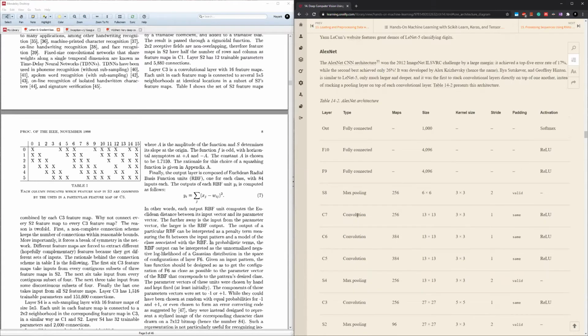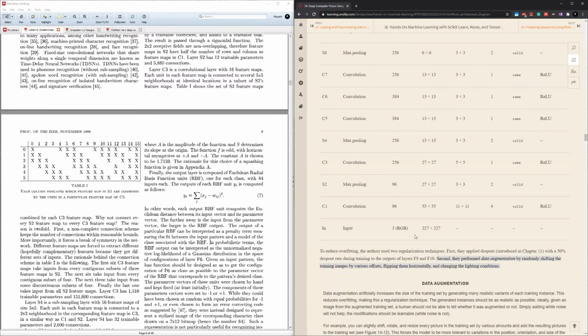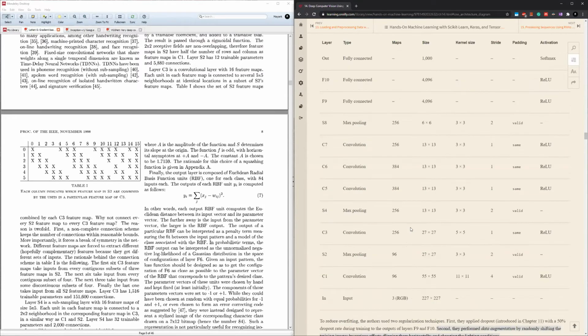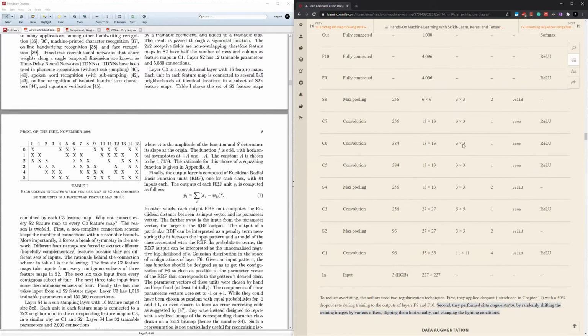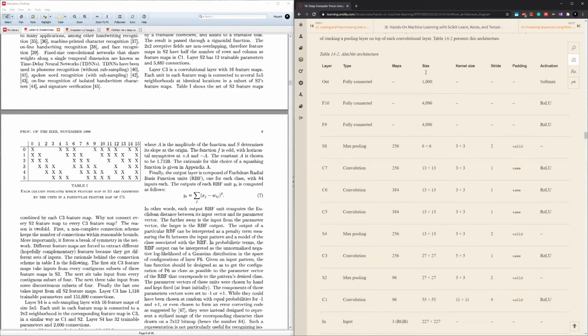This is the 227 by 227 image with the three RGB channels that is being input to this network, and we get this in the output, the class is of 1,000.